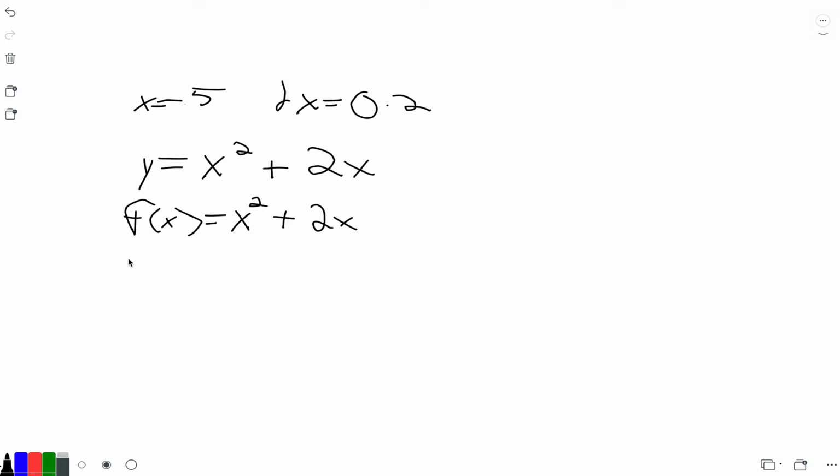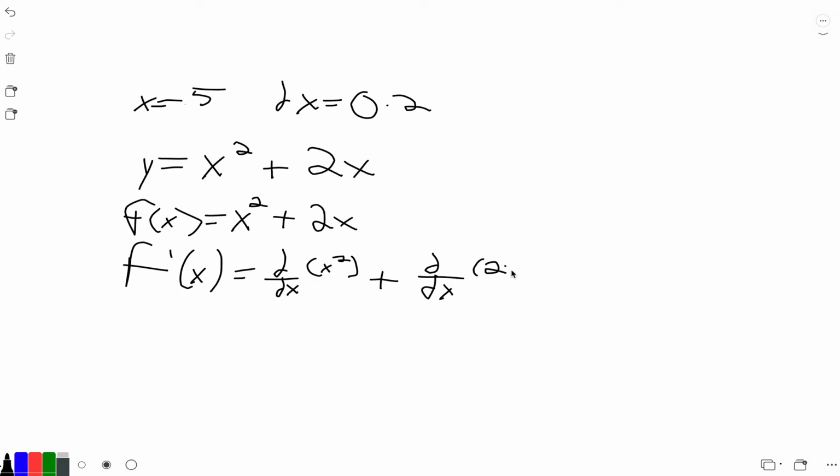We then need to find the derivative of the function, which can be stated as f prime of x is equal to d over dx of x squared plus d over dx of 2x.